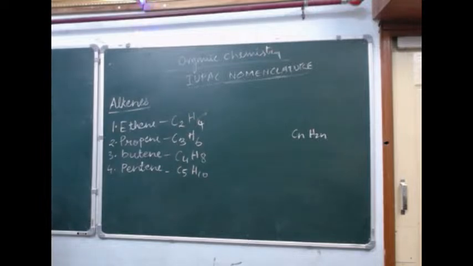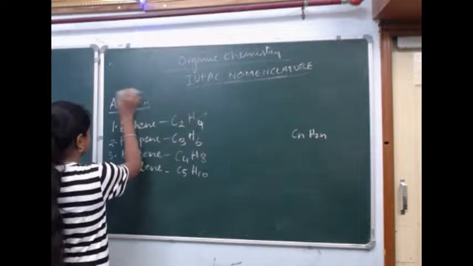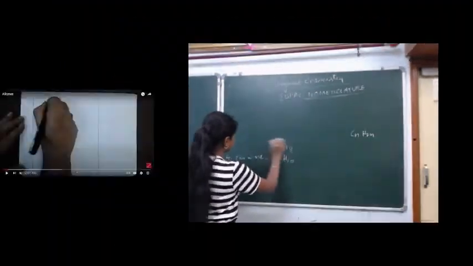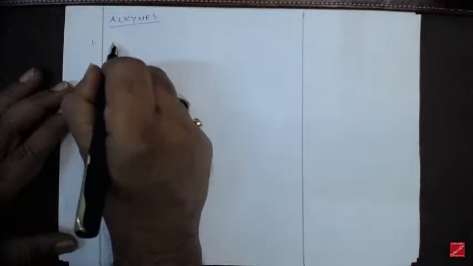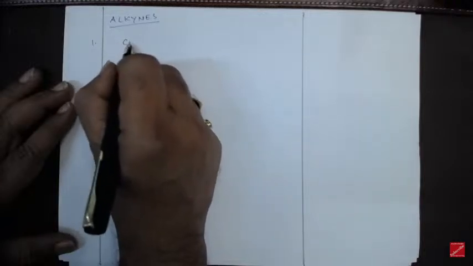Now let us proceed with the alkynes. Take down alkynes. They are represented by a triple bond.